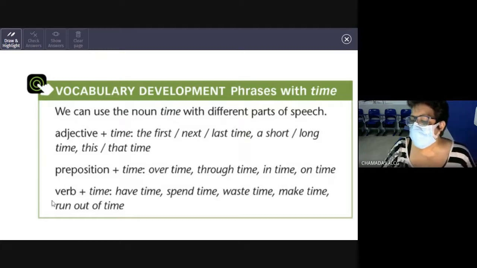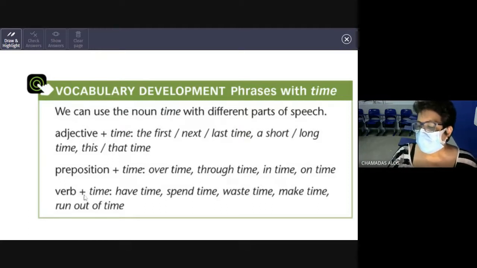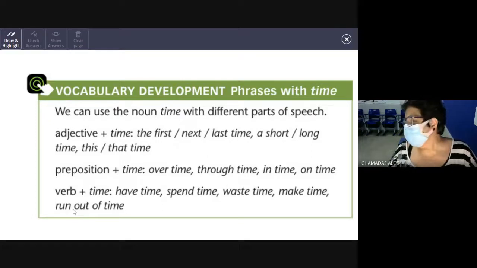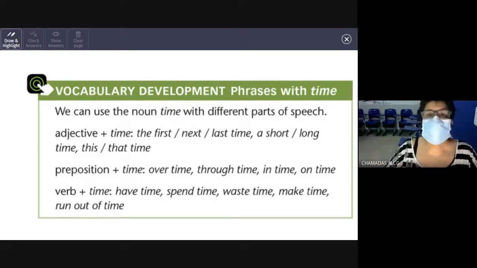And we can also use a verb plus the word time. Have time, spend time, waste time, make time, run out of time. It's what's happening now. We are running out of time because our class is finishing, right? So we use expressions with time all the time.